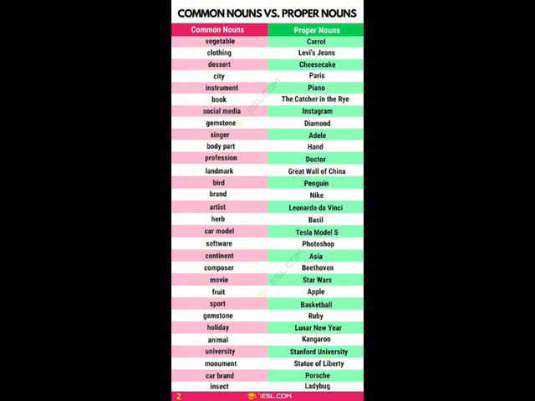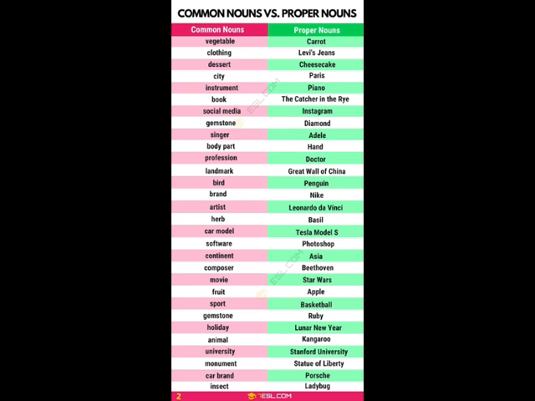Let's take an example. For common nouns, we can use vegetables. It is a collective name, vegetables, or we can say veggies. So for the proper noun, we specifically use one vegetable from all. Example, carrot, tomato, or an onion.